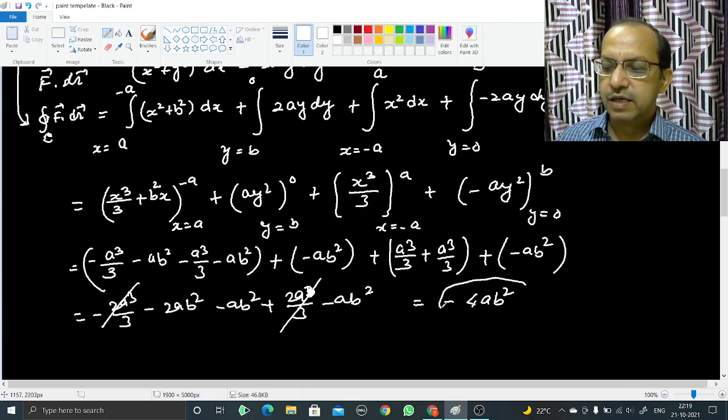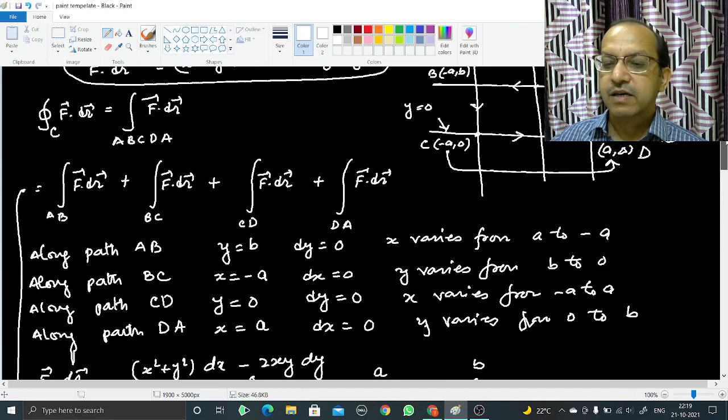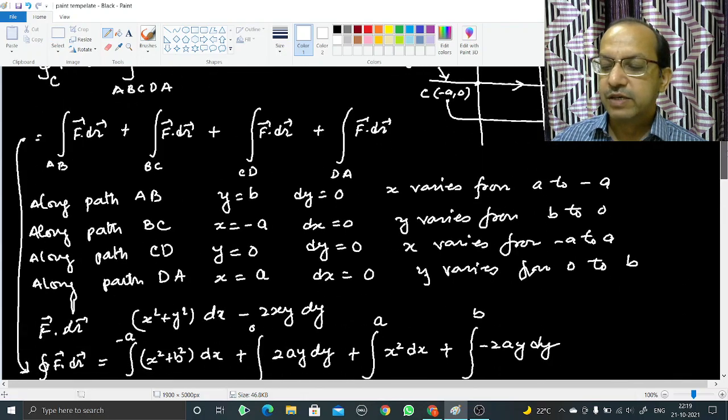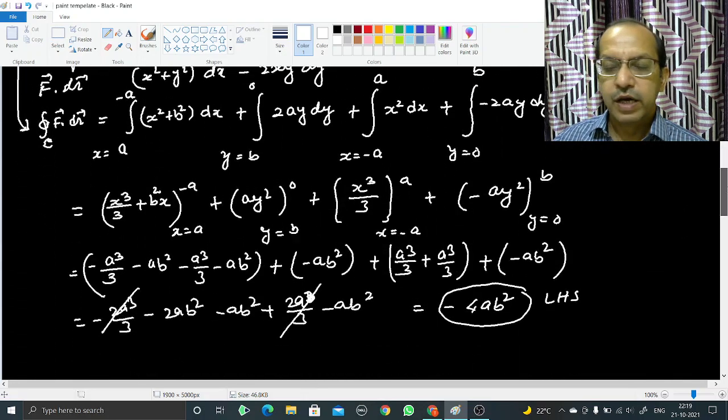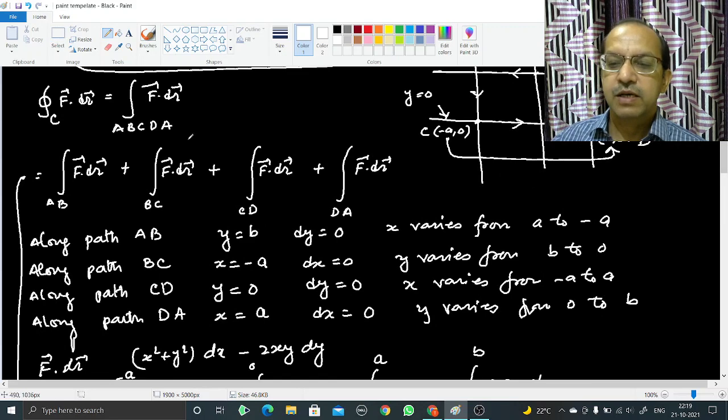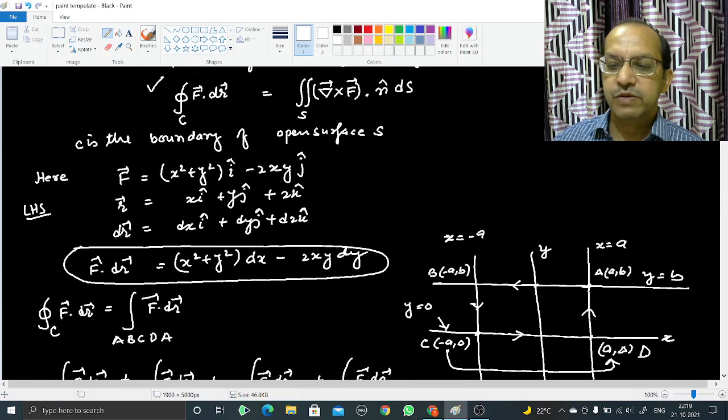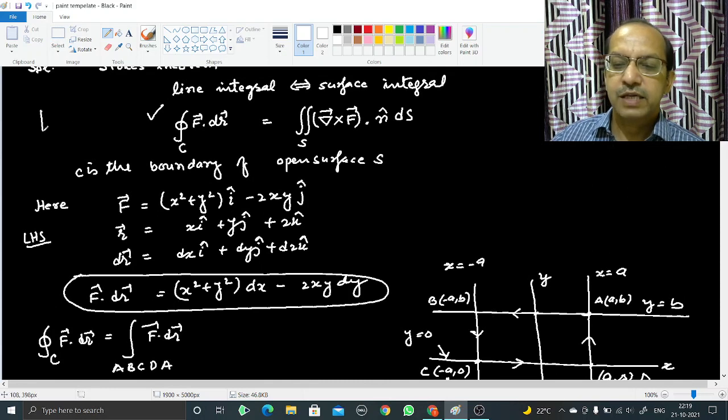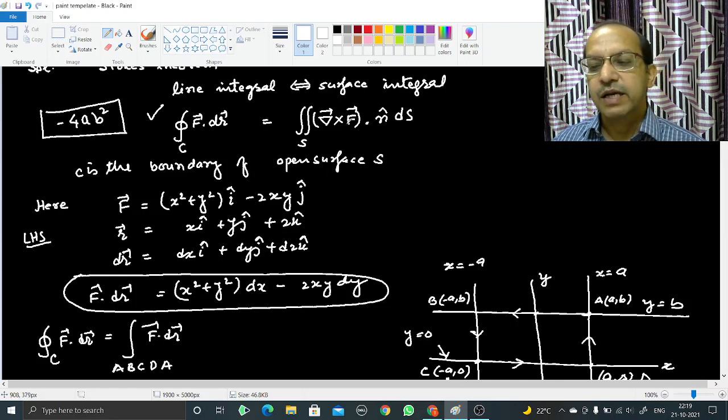So this is the value of the left hand side of the theorem, that is the line integral. So the line integral is equal to minus 4ab square. The left side is minus 4ab square. Now we will integrate the right side, that is the surface integral.